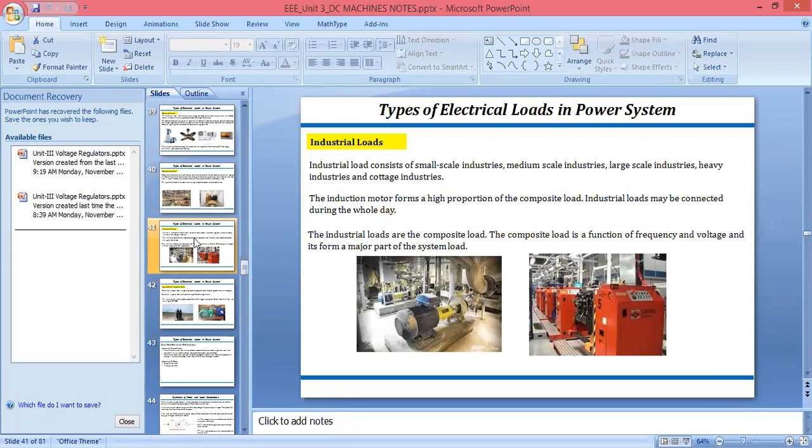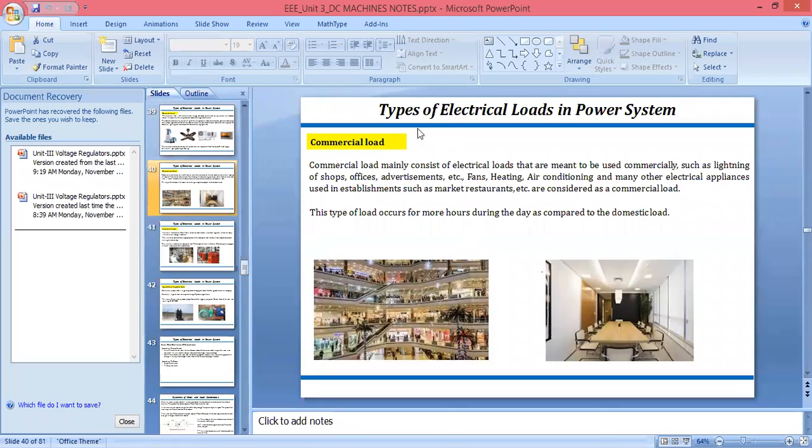Industrial loads include small scale industry or heavy large scale industry; all of these we are calling industrial. Then we have studied about the commercial load, which we are using in offices and shops. All these electrical circuits using loads we can call the commercial load.